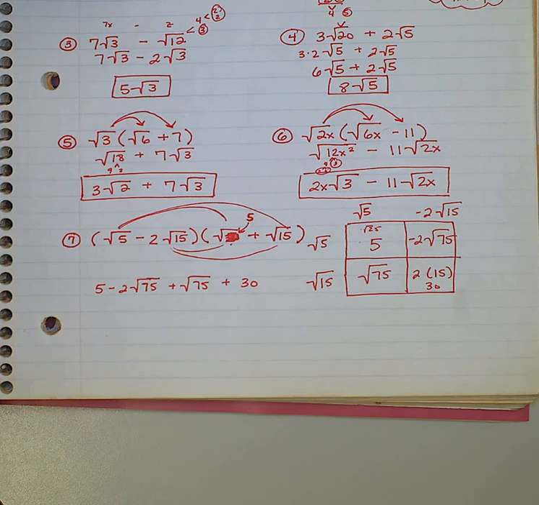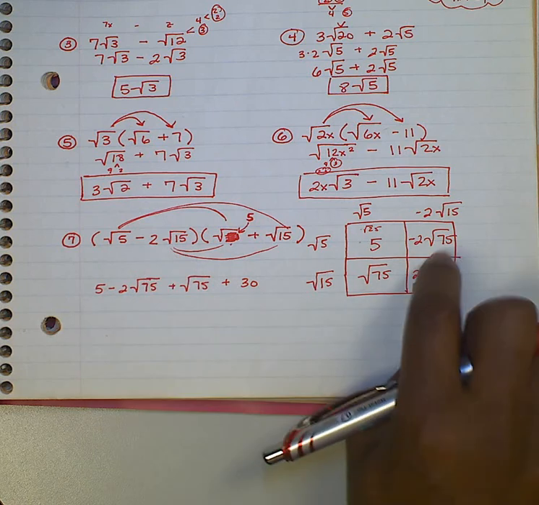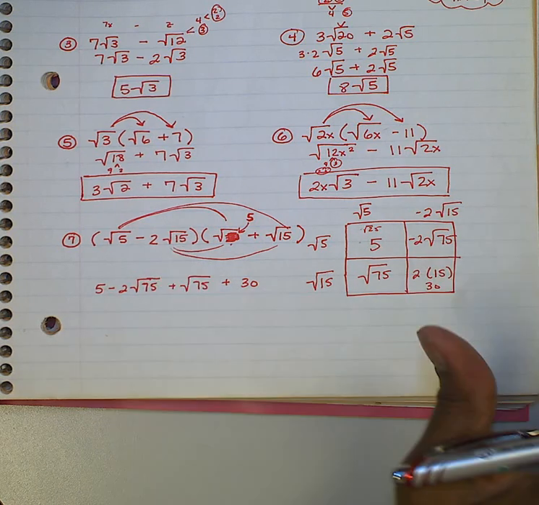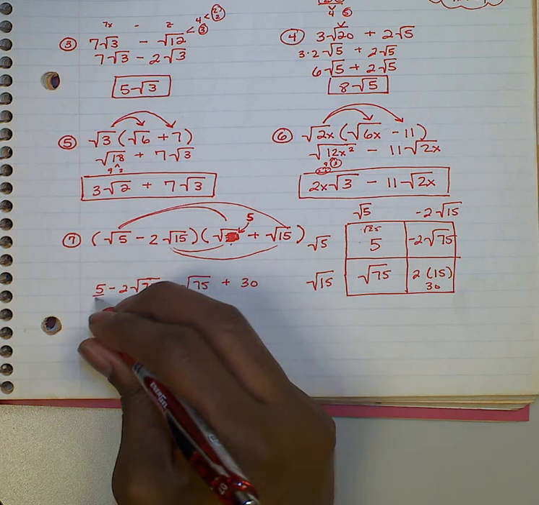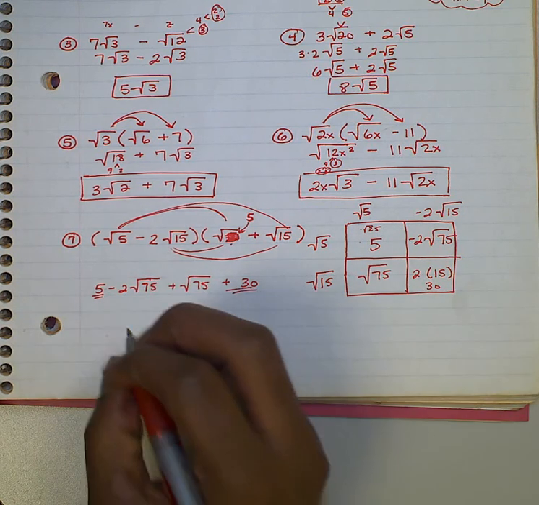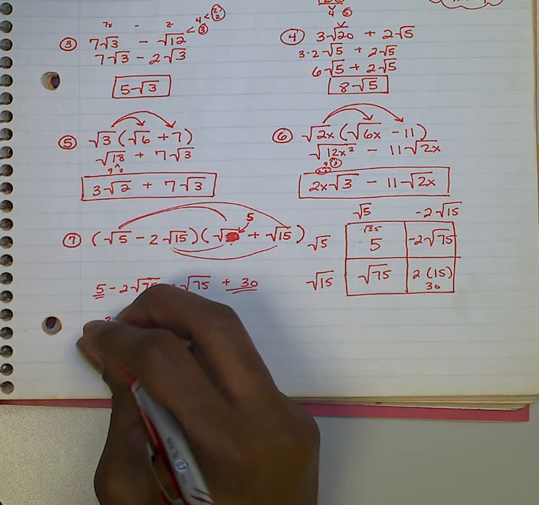So all that from the box. Again, you'll get the same values whether you use the box or you use the FOIL method. Doesn't matter to me. You'll get the same values. Combine our like terms, so 5 and 30. I combine those and get 35.